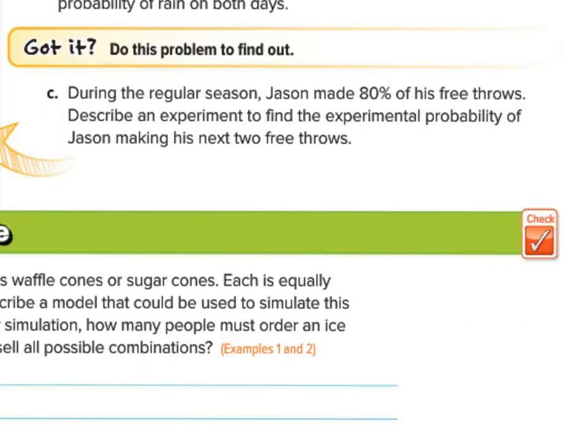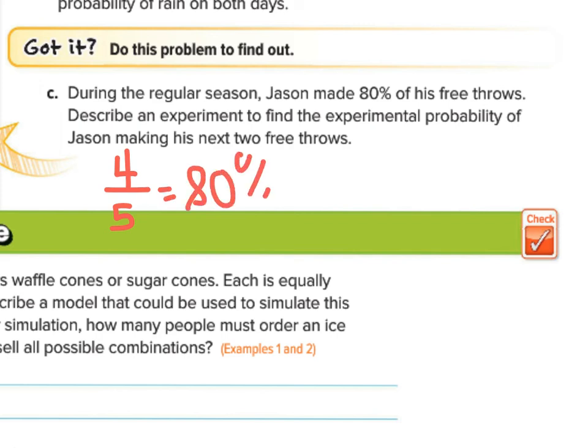Okay, now let's try one ourselves. During the regular season, Jason made 80% of his free throws at basketball. Describe an experiment to find the experimental probability of Jason making his next 2 free throws. So, again, we would take marbles. You can make 4 out of 5 marbles, which represents 80%, right?